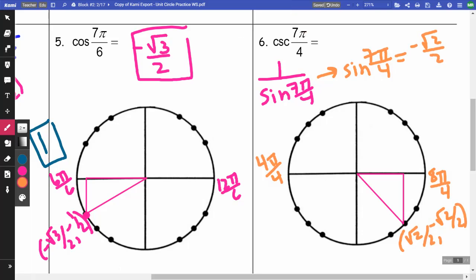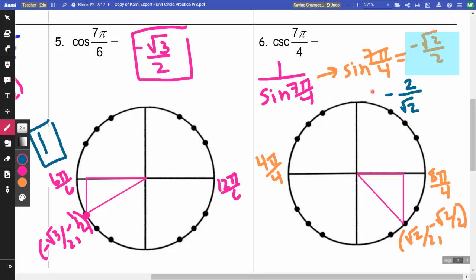And I'm going to take the reciprocal of it. The reciprocal of your sine answer is your cosecant. So if I take the reciprocal of that, that's going to be, oops, I'm still in highlight mode. That is going to be, well, basically negative 2 over root 2.